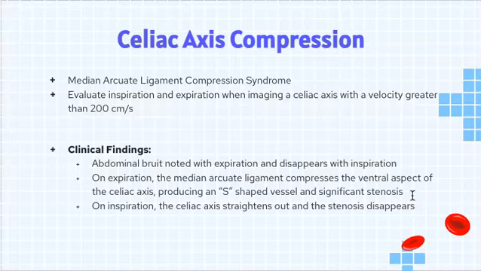So our velocity is going to exceed 200 centimeters per second. But when the patient breathes in on inspiration, the celiac axis straightens back out and the stenosis disappears. That elevated velocity we saw on expiration is going to decrease back to its normal value of less than 200 centimeters per second.